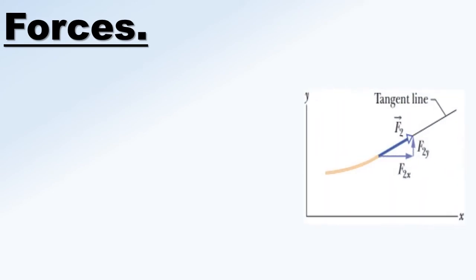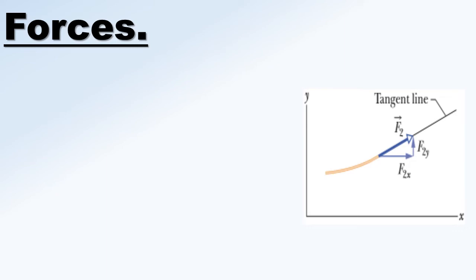Now we'll discuss the force F2. As we can see in this figure, F2 is a force directed slightly upward at the right end of the string element. It is divided into its rectangular components: F2x along the x-axis and F2y along the y-axis.